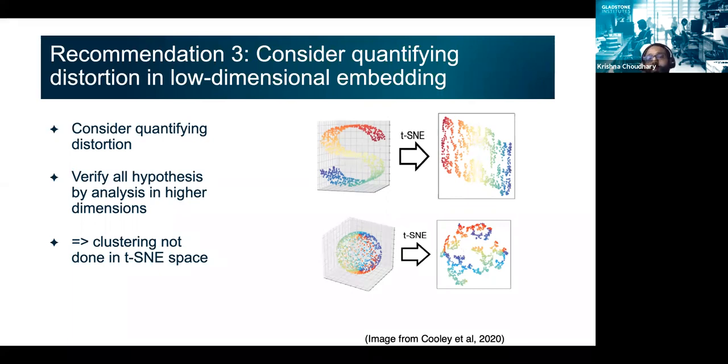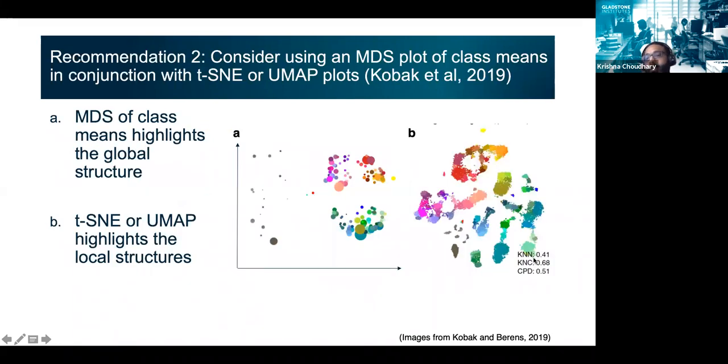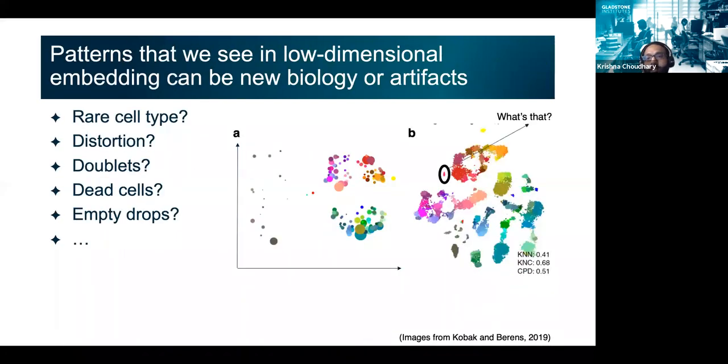With this S curve, we can open it up and lay it out flat, but with a sphere, there is no way you can do it without distorting the structure somehow. So it may be good to quantify the distortion in the data in terms of how many nearest neighbors are preserved and how many nearest class means are preserved from high dimensions to lower dimensions, and things like that.